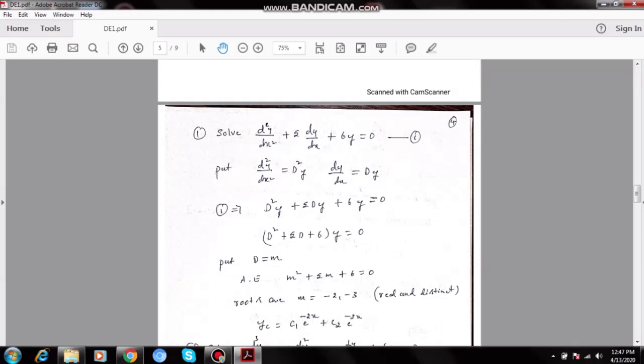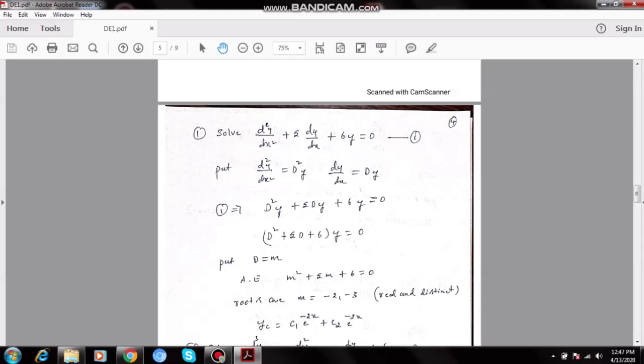Solve this differential equation. Which means we'll substitute d square y by dx square by capital D square y and dy by dx by capital Dy, so that the equation becomes D square y plus 5 Dy plus 6y is equals to 0. Take y common, so that it becomes (D square plus 5D plus 6) y is equals to 0. Put D is equals to m.